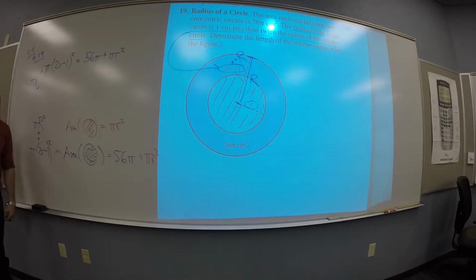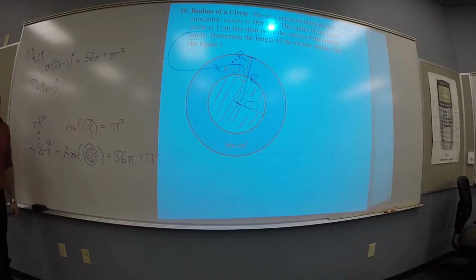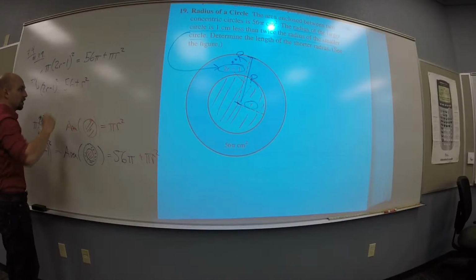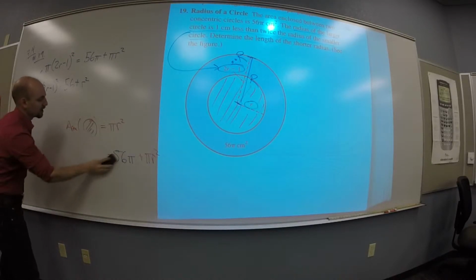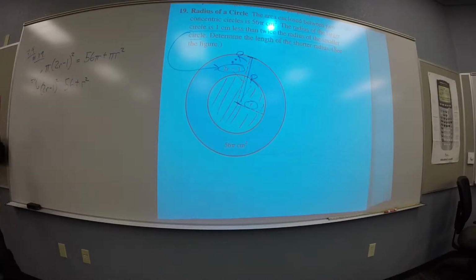So what am I going to get once I've divided by pi? So I've got 2r minus 1 squared is 56 plus r squared. Are we a little more comfy with this one? Hopefully.